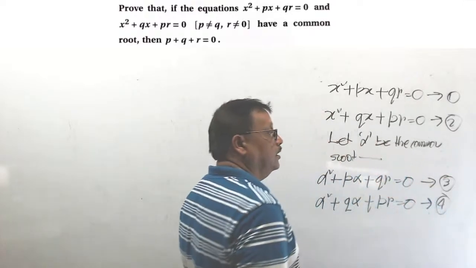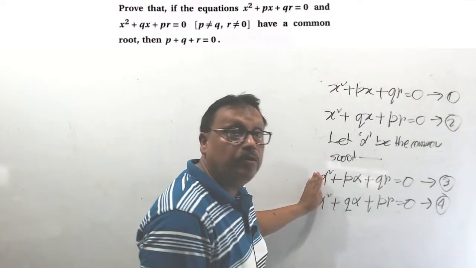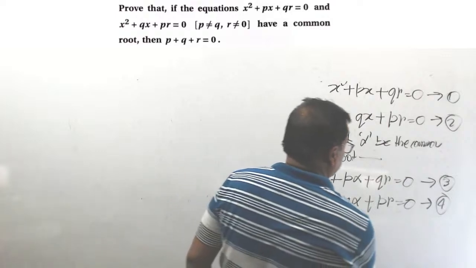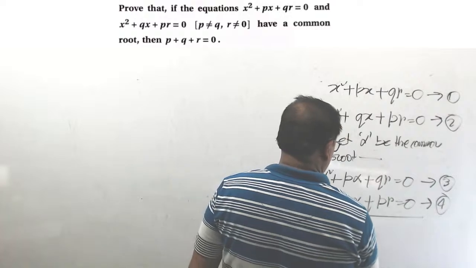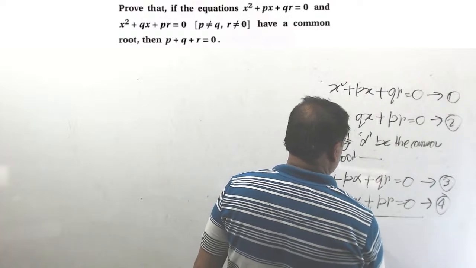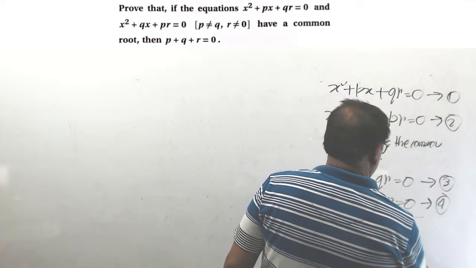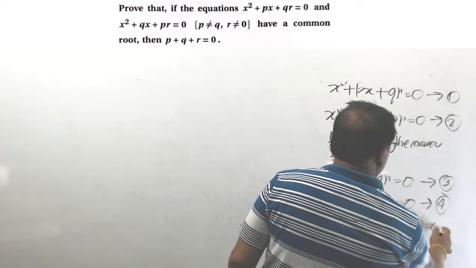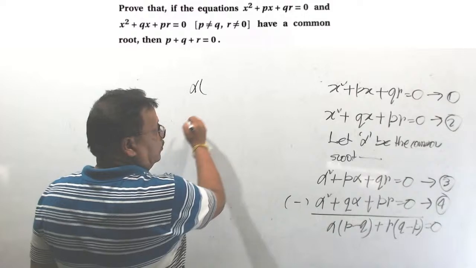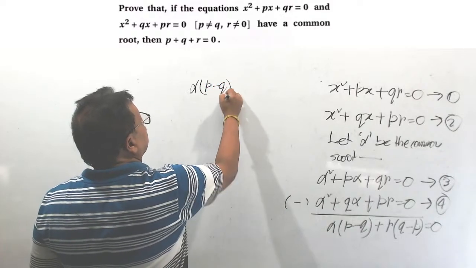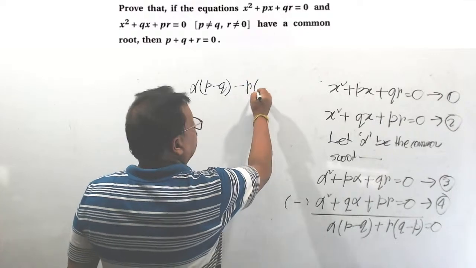Use one trick here. What trick? Subtract these two. See, alpha square will be cancelled. Take common alpha, p minus q, plus take common r, q minus p equals 0. See, I am writing here. Alpha into p minus q. If you take common minus, then what you can write? p minus q.